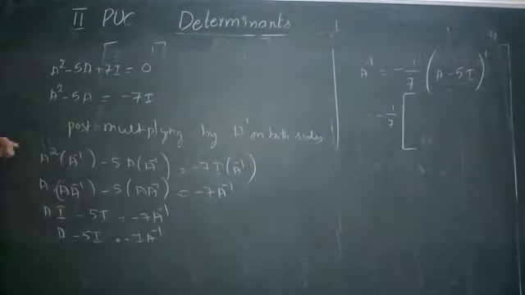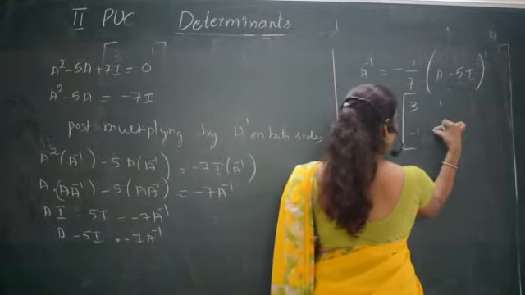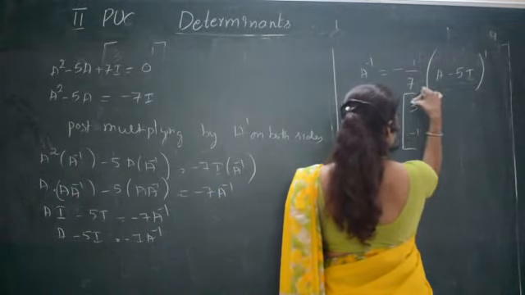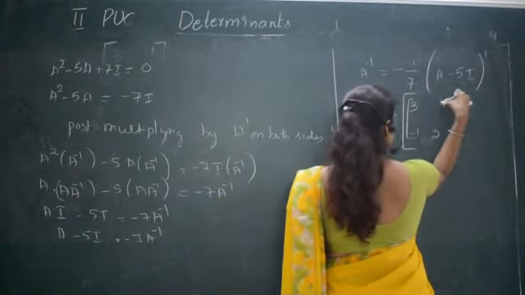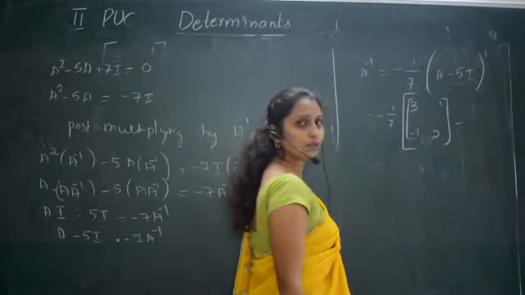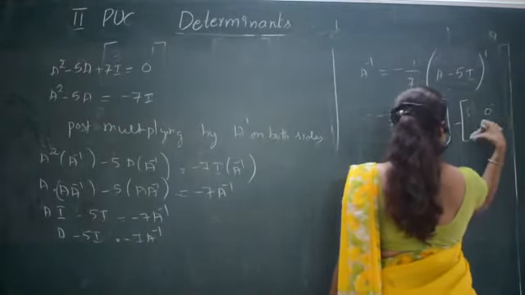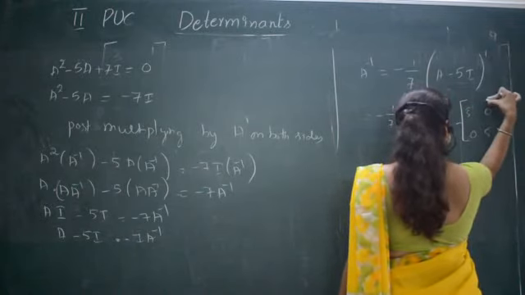A is the given matrix [3 1; -1 2]. Minus 5 into I means 5 into [1 0; 0 1], so that will be [5 0; 0 5].